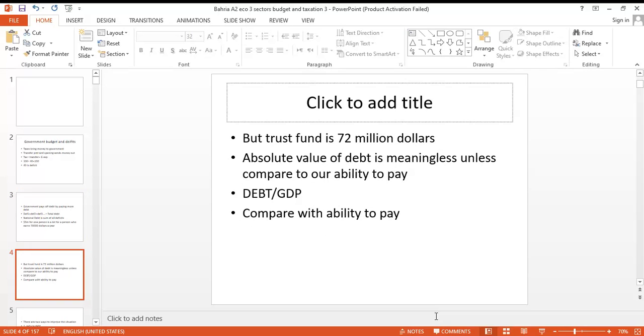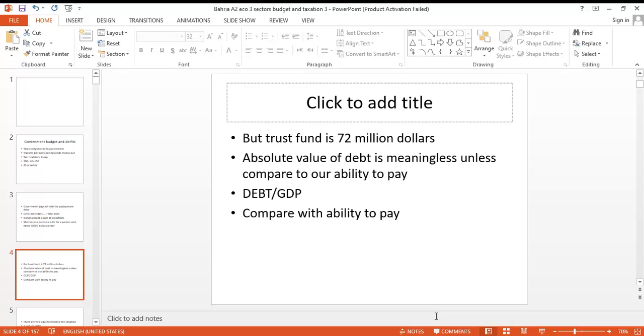So the same example can then be applied to a country, to the macroeconomy. The absolute value of debt is meaningless for a country. Okay. That's why large economies, prosperous economies, strong economies, they run a very high level of debt. Why?